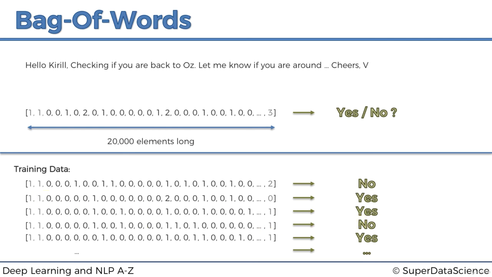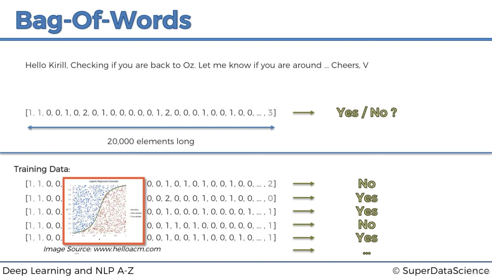And yeah, so now what we're going to do is apply a model. Once we have all this data, we're going to apply a model. So one of the algorithms we can apply to create our bag of words model is the logistic regression.